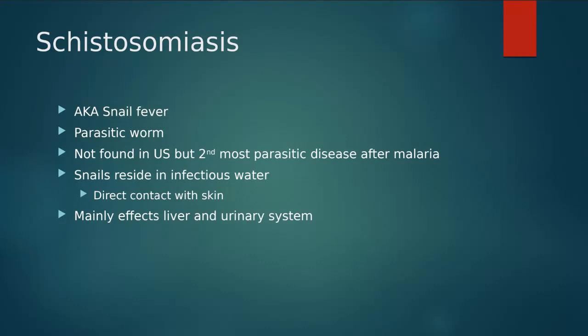This is mainly something that we're getting from infected snails that reside in dirty, infectious water, and you have to have direct contact between the water and your skin. So if you go swimming in water that you don't know has these parasitic worms in it, drink water, wash your hands, anything like that, you run the risk of getting this snail fever or this parasitic worm.